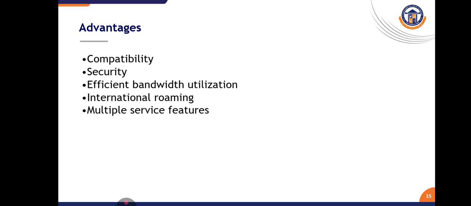Coming to security, features such as authentication, encryption, and confidentiality help to protect the user and private data. For efficient use of bandwidth, time division multiplexing techniques enable many users to share the same frequency channel at different times. And roaming: GSM allows users to roam internationally and use their mobile phone in other countries that use the same GSM standard. And the features include a wide range of features including call forwarding, call waiting, voicemail, conference call, and more.